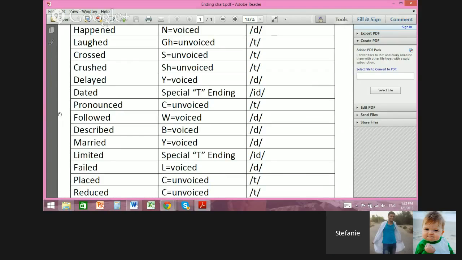Good. Okay, now we're going to start something new, you guys. We're going to do the same thing, but instead of doing one word, each person will do two words. So I'm going to give an example with happened and laughed.